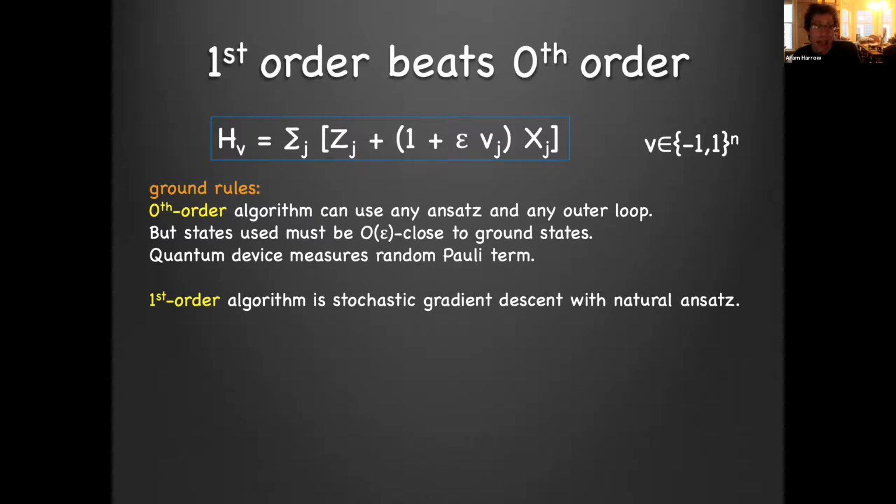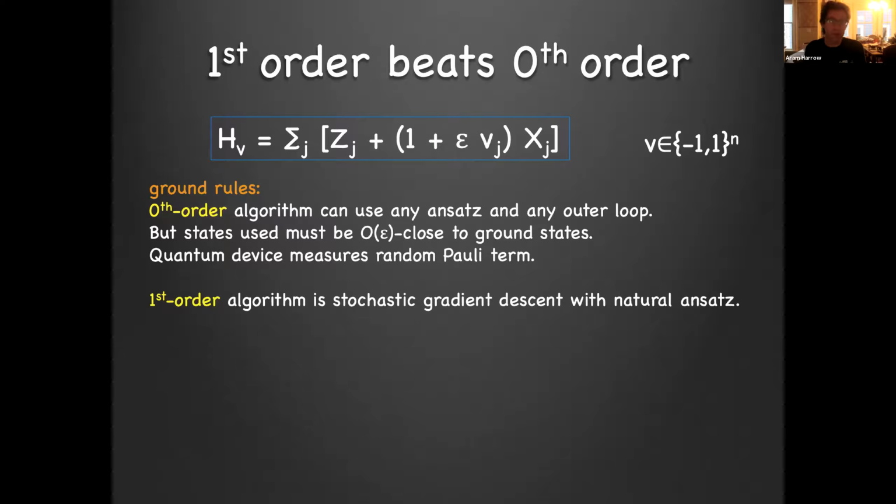And it turns out that there's a very simple example where these gradient algorithms do better than ones that just measure the energy. The Hamiltonian is just a sum of single qubit terms. So super simple, nothing fancy going on. You wouldn't even think that these n qubits interact, but they do interact via the outer loop of gradient descent.